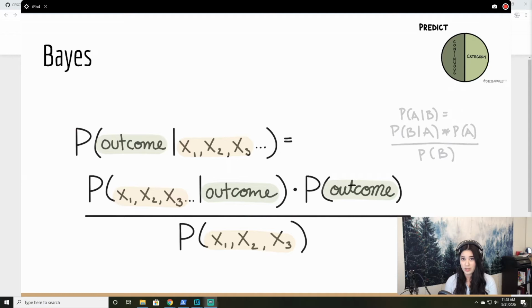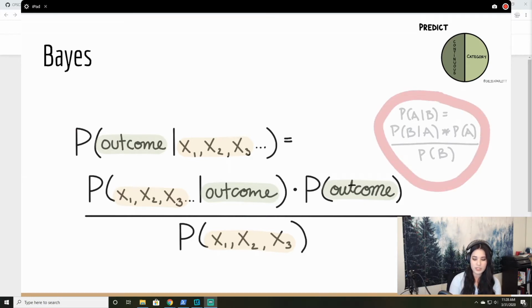The first one is the Bayes part, and the Bayes part refers to Bayes' theorem, or sometimes called Bayes' rule, and I have the general form of it over here. We talked a little bit about Bayes' rule and conditional probabilities at the very beginning of our course.